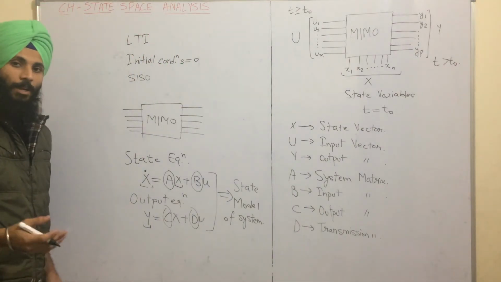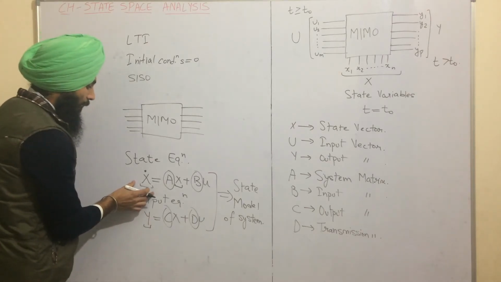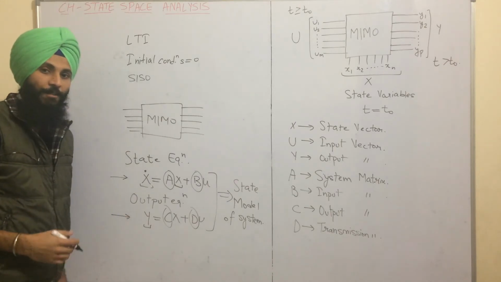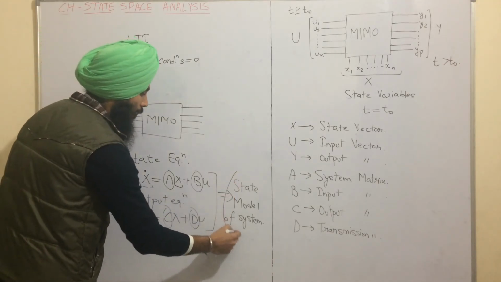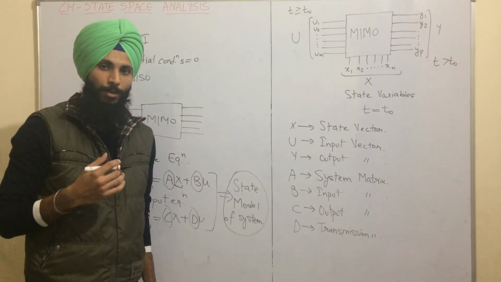So if we convert a system into a set of equations, the first one is of this form, and the second one is of this form. We can find the state model of that system. And how do we do that? We will learn by using an example.